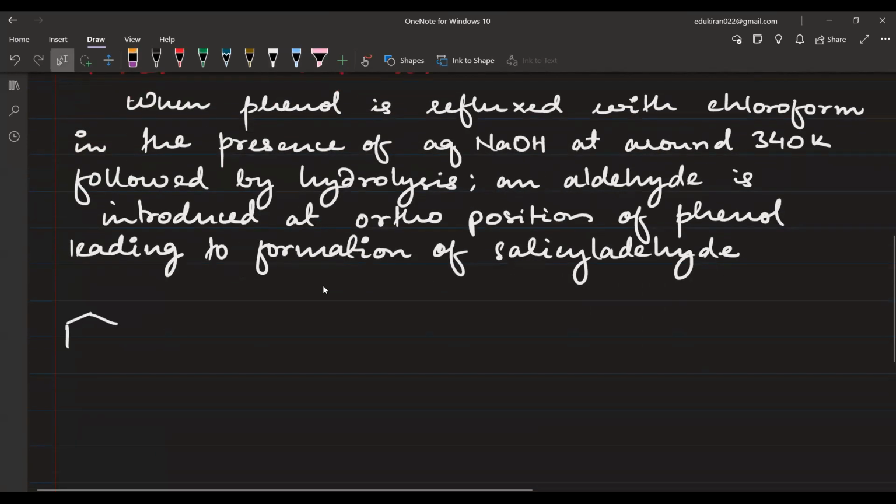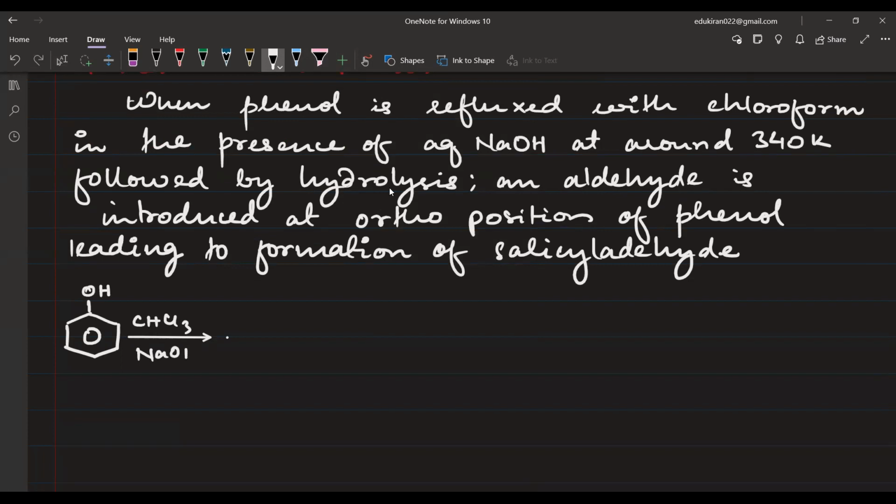So we start with phenol and we treat this with chloroform. The formula for chloroform is CHCl3, in the presence of NaOH. Here we are going to get OH, and from chloroform we attach CHCl2 here. Since we have aqueous NaOH already present, NaOH will react with the haloalkane part.